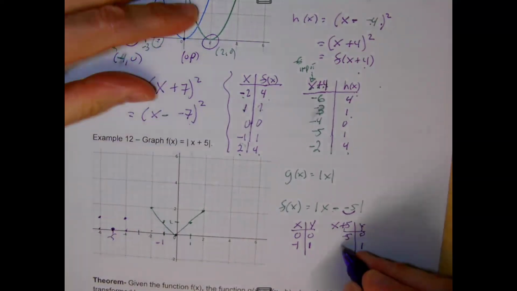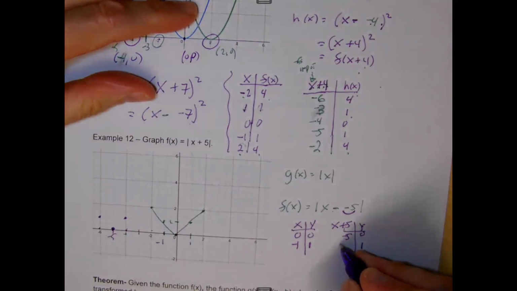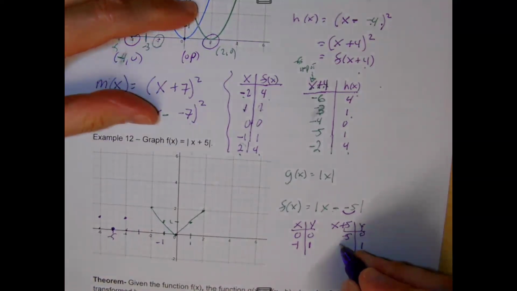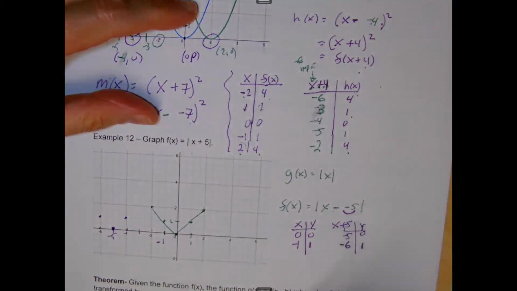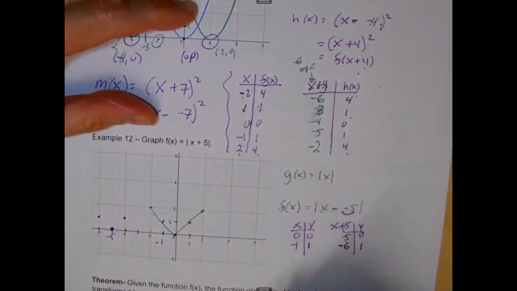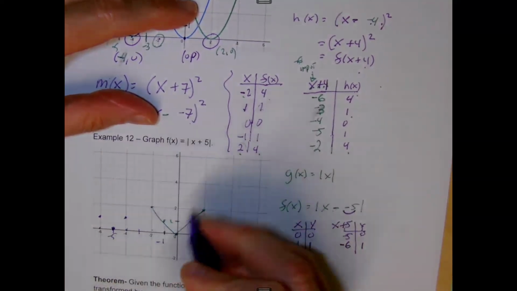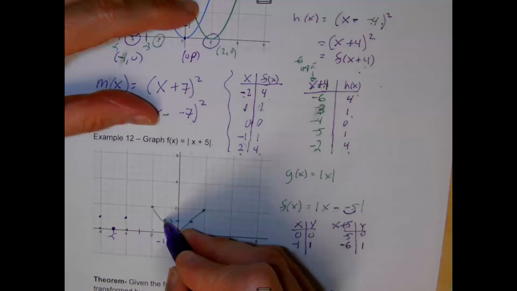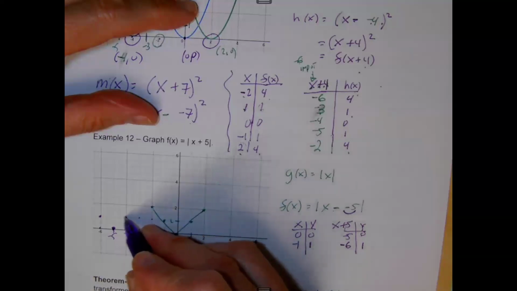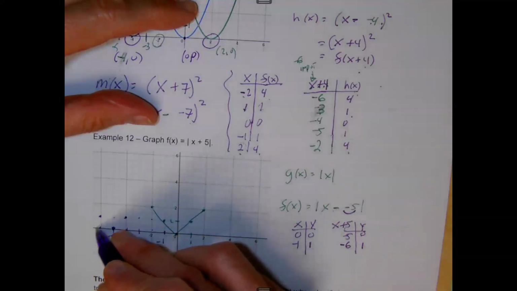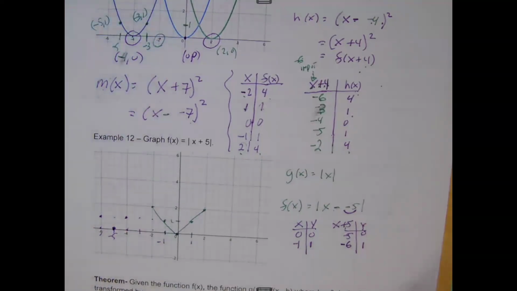So a -6 added to 5 gives me a 1. Absolute value of 1 is 1. So indeed, that point has been shifted 1, 2, 3, 4, 5, and there's my -6 popping out of there.